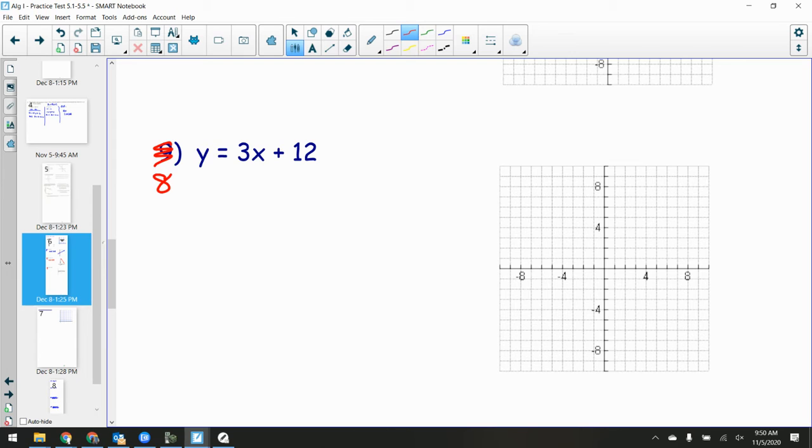Now, I want to show the work for this one up on the screen because it's a little difficult. I need to do standard form here, right? So I need to subtract the 3x from both sides. So this gets us -3x plus y is 12. Hi, Addie. Hello. All right. So -3x plus y is equal to 12.